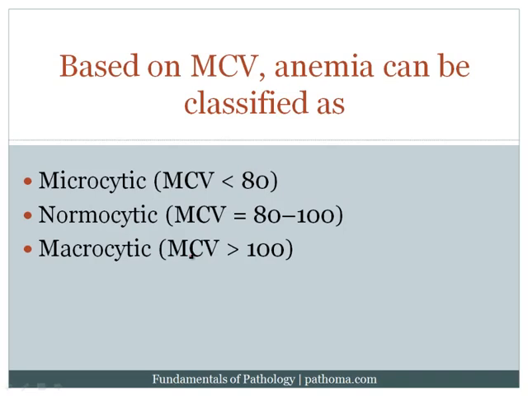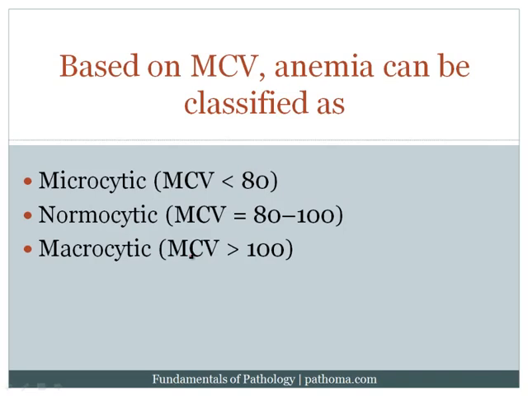But I'm fairly confident that once you learn anemias the way that I'm going to explain it to you, you'll actually be very comfortable with anemias. You'll be very comfortable with them clinically. You'll be very comfortable with them for examination purposes.